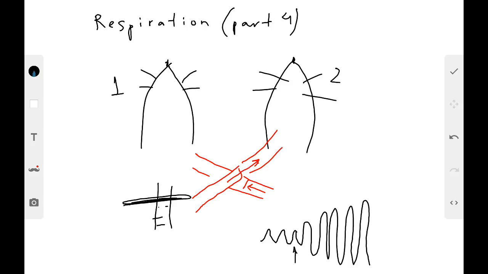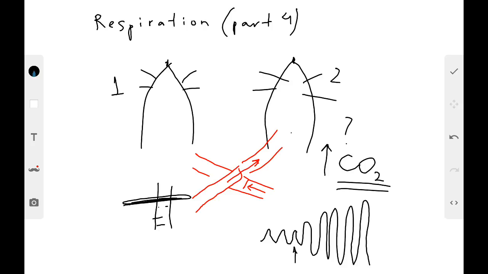So what is this factor? This factor is carbon dioxide tension. When carbon dioxide tension increases, it stimulates the respiration center in the brain, and it increases the frequency and the depth of respiration.